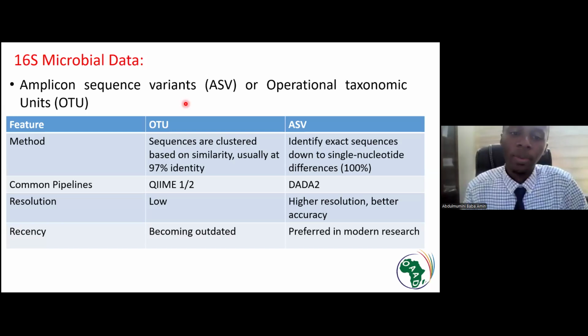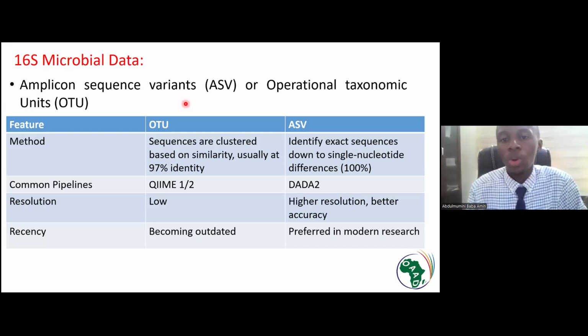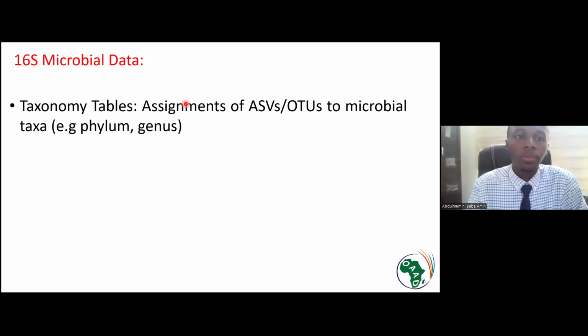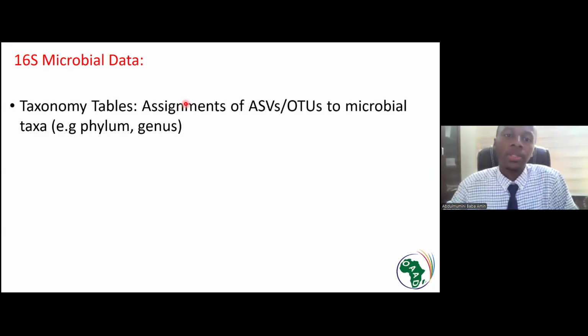The pipelines or the common software used in OTU sequence analysis is QIIME1 or QIIME2, while for ASV it is DADA2. Now, taxonomic tables. Taxonomic tables are produced when these OTUs or ASVs are matched to a database, like NCBI or the Greengenes database.